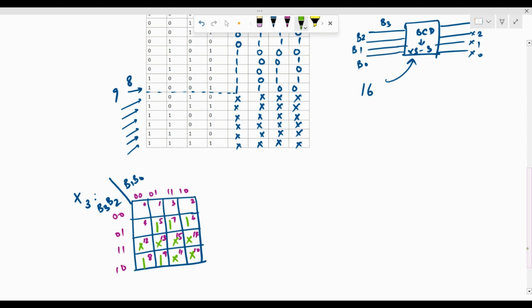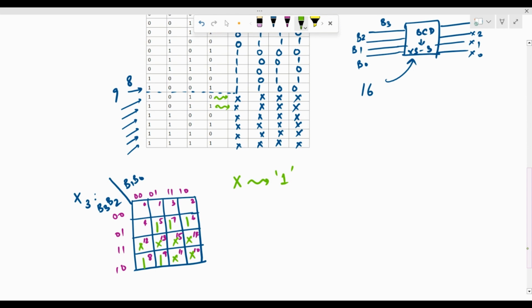So here we see that the don't cares could be used or considered to act as ones in this case. Don't care simply here means this could either be a 0 or a 1. We don't care whether this particular input is occurring or not. If it does occur, this output could either be a 0 or a 1. So that's what the don't care condition means.